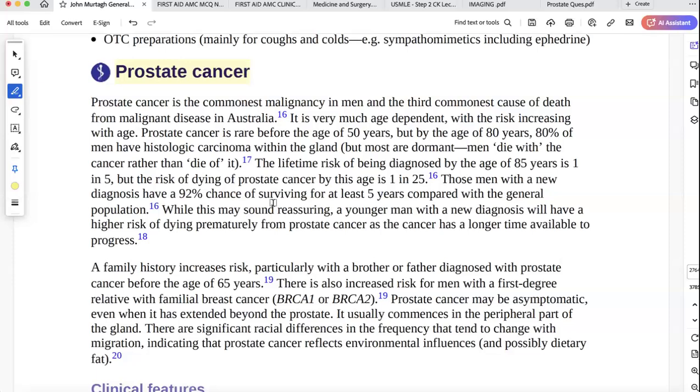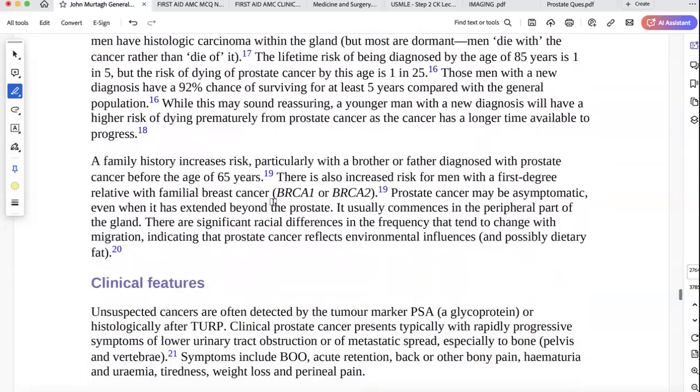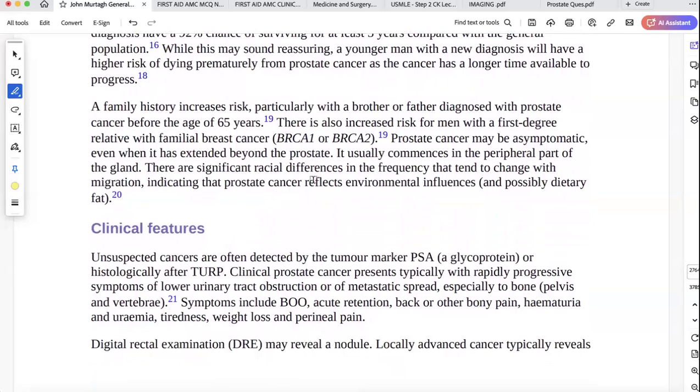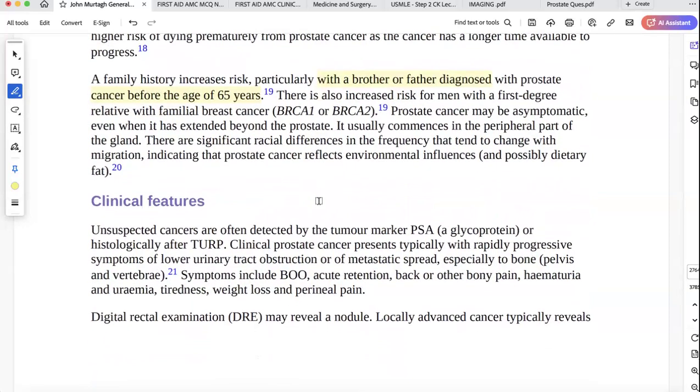So many times prostate cancer doesn't kill a patient because it is one of the slow growing tumors that someone can have. Family history is a risk factor, especially if there is a father or brother who has been diagnosed before the age of 65. Okay, now the main thing to remember is that there is no need for screening of anyone with repeat PSA, even if their first degree relative had a cancer.